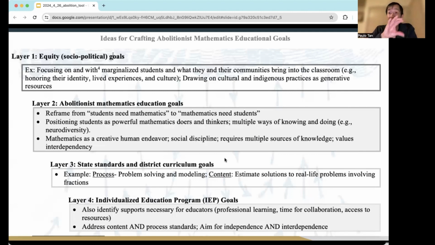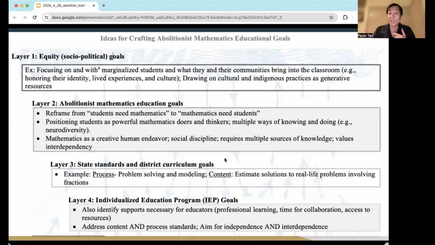I have a list of possibilities for each layer, and they select from that list, or they could say, well, we as a group thought about this as a layer one goal. And I say, well, yeah, that does fit within the ethos of a layer one goal, so go for it. I throw out some ideas of what kind of goals can be classified in each layer.